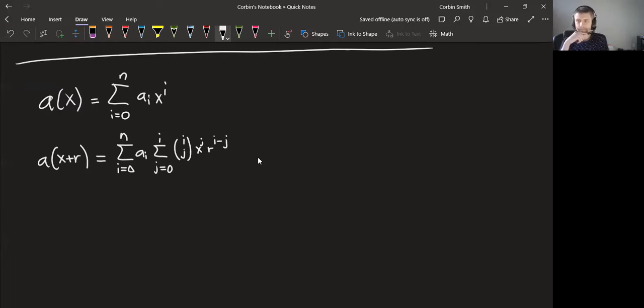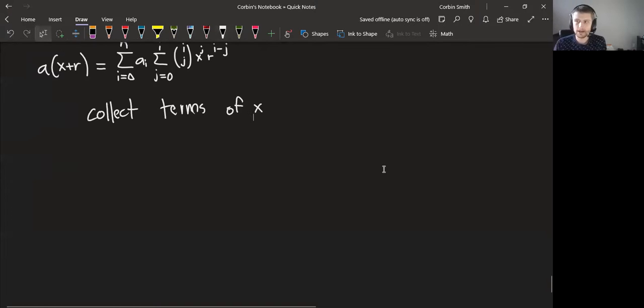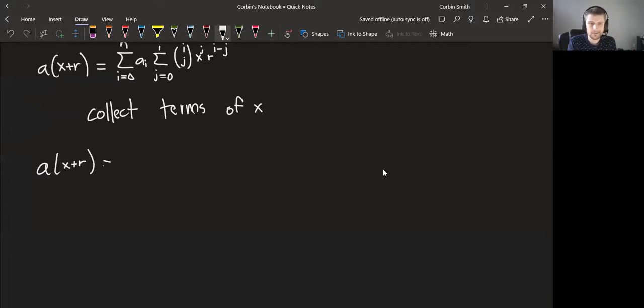Okay, so what I would really like to do is collect terms of x. So we're going to have to use some counting to collect terms.